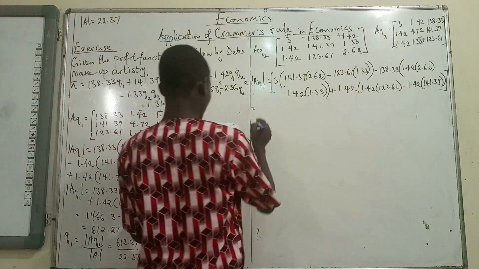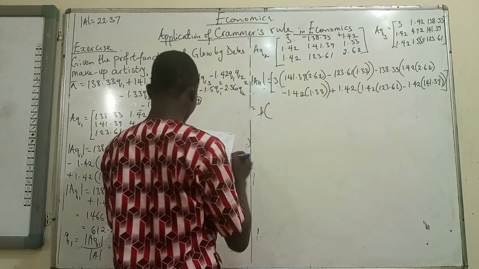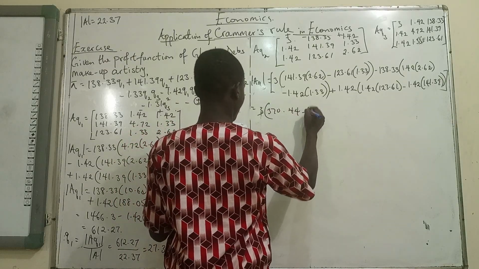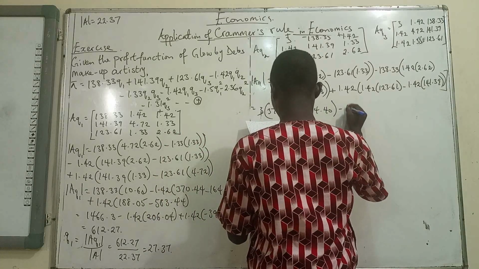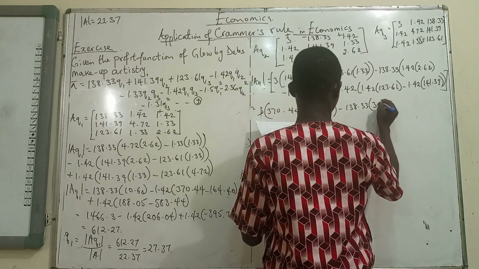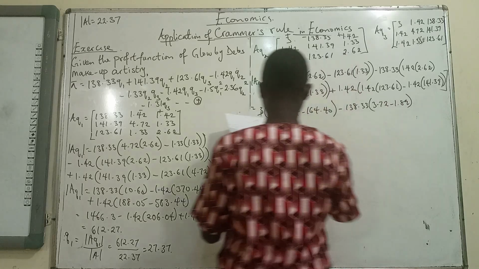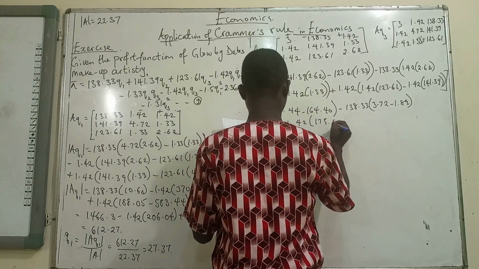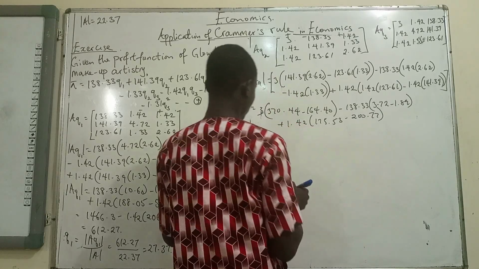So we're having 3 into brackets 370.44 minus 164.40. So that's minus 138.33 into bracket 3.72 minus 1.89, then plus 1.42 into bracket 175.53 minus 200.77. So we are done with that.